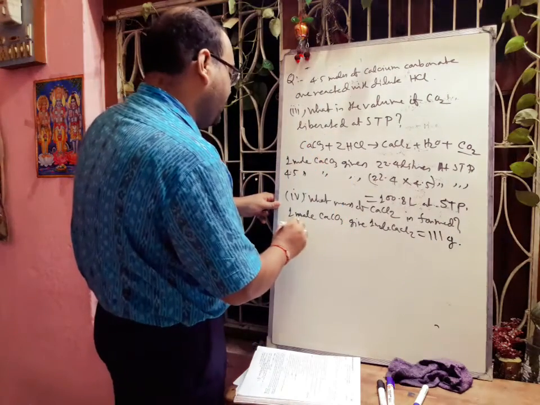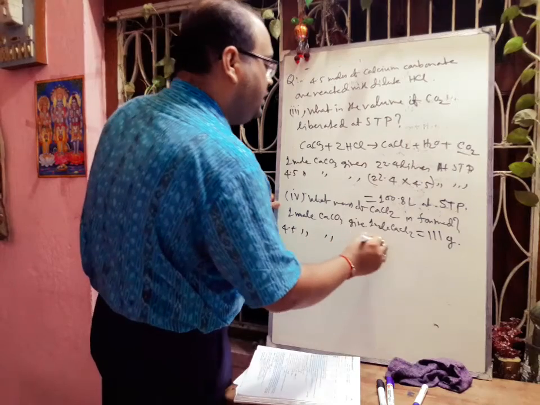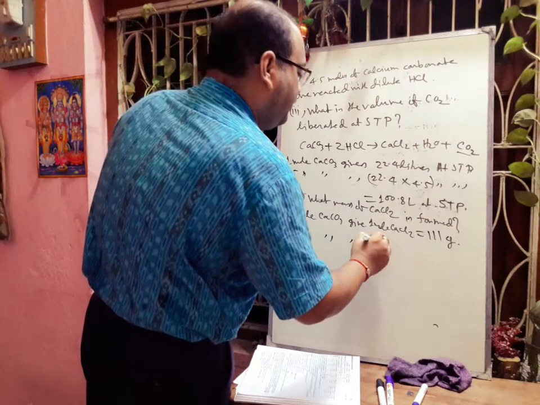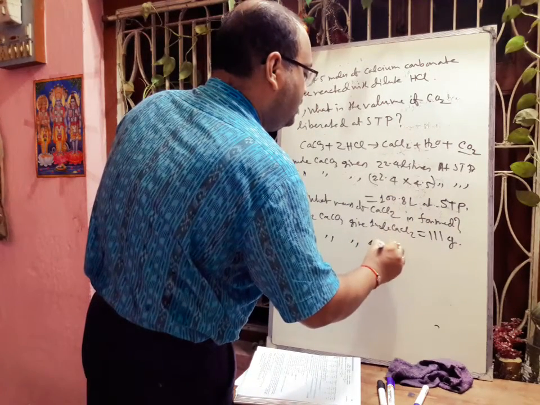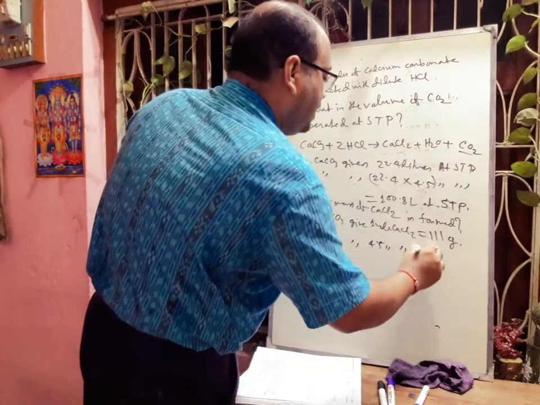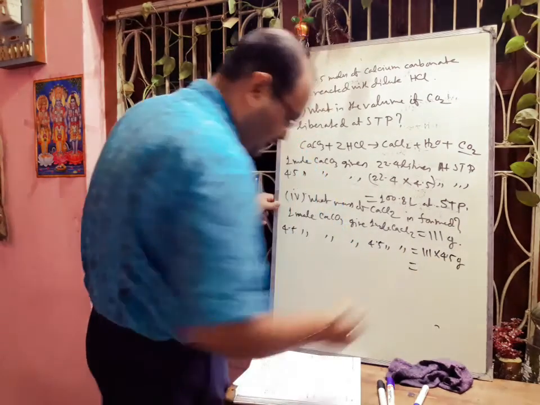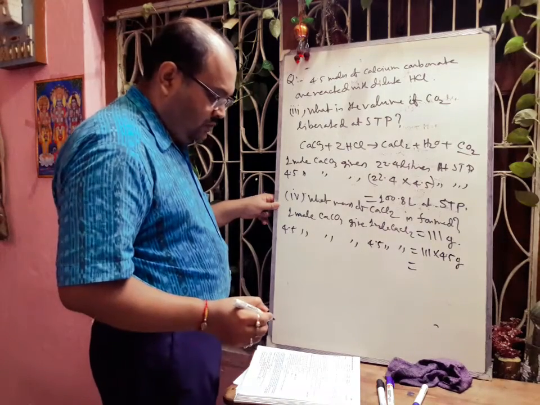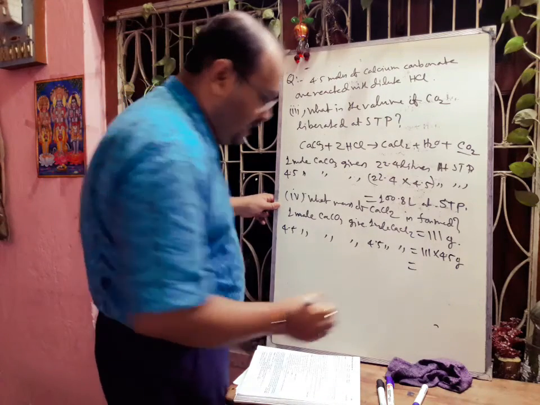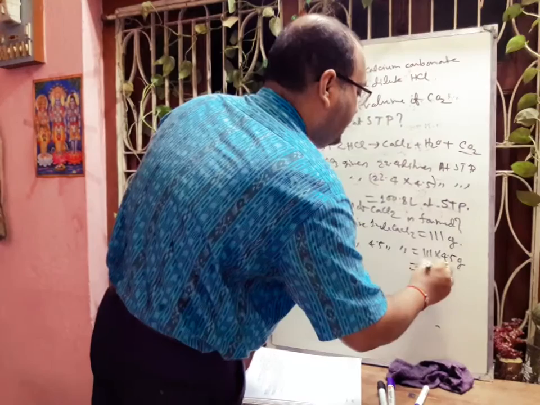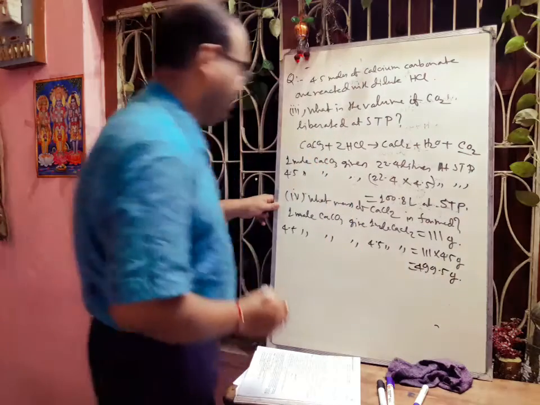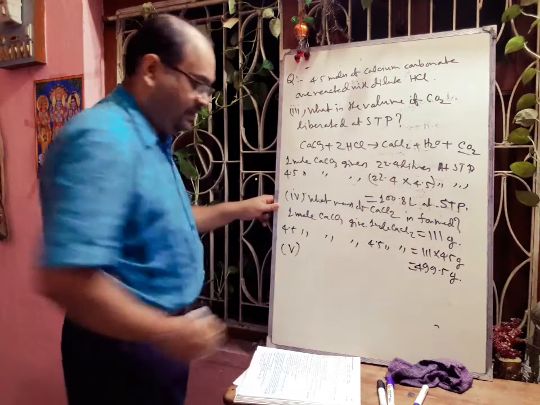So 4.5 moles calcium carbonate will give 4.5 mole calcium chloride. So 111 into 4.5 gram. If we calculate, we will get the value 499.5 gram. Okay.